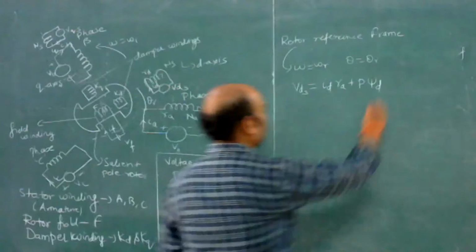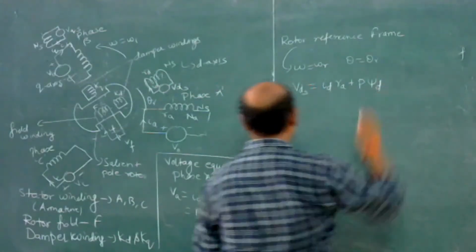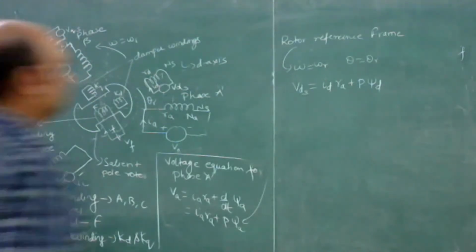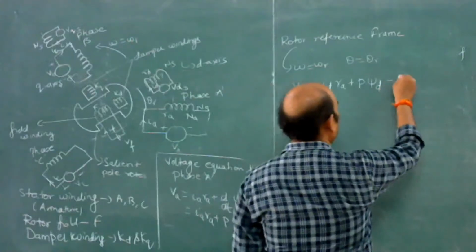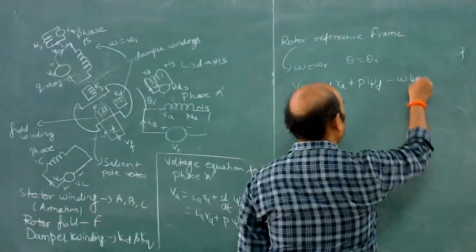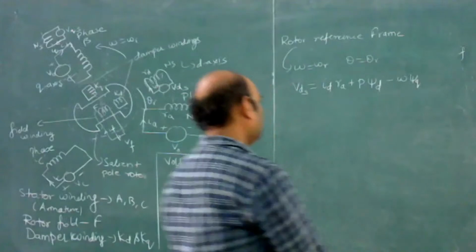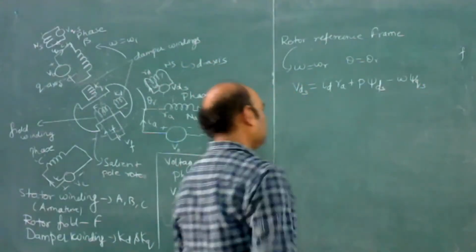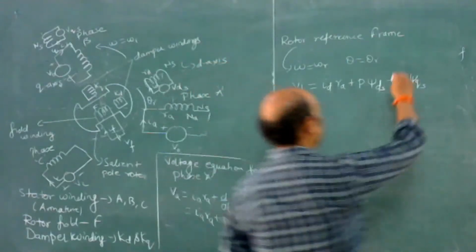Okay, so that will be VDS, omega r into psi Q. So this is rotational.